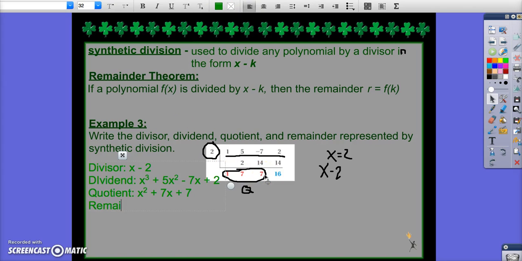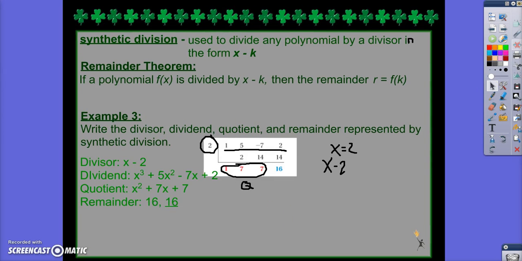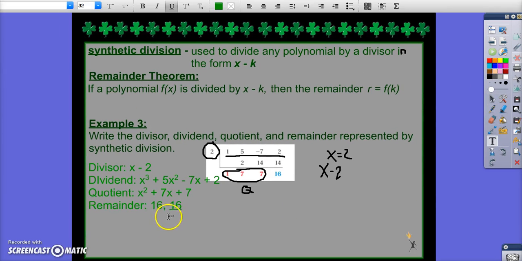Last but not least, the remainder. Remainder is the last number out by itself. We're going to want to write it, it's a 16, right? But we could also write it as a fraction, right? So if you remember how we did it even with long division, we would write it 16 over the divisor, x minus 2.